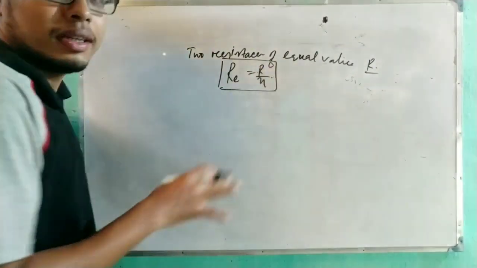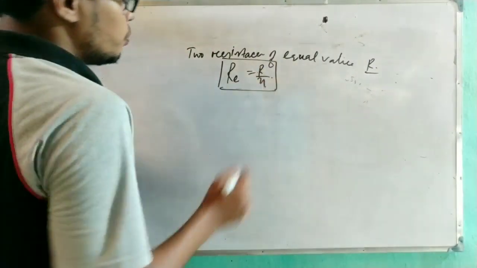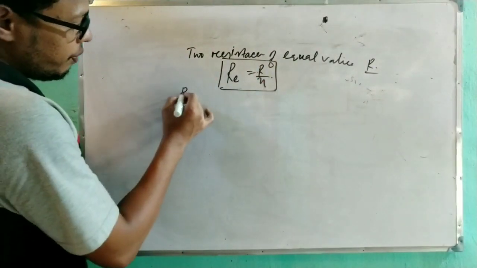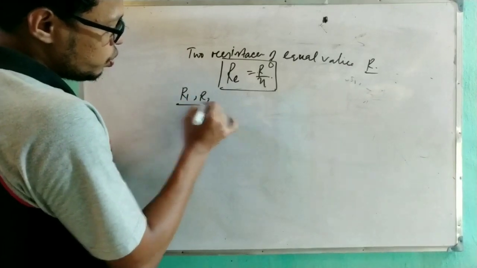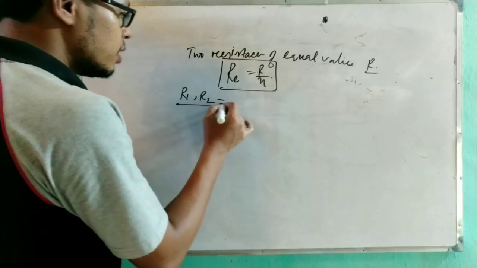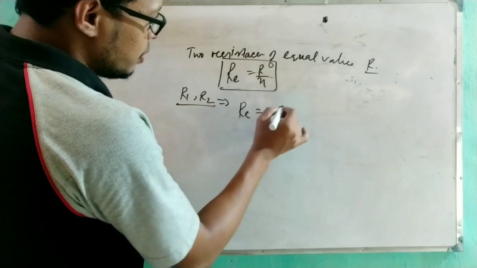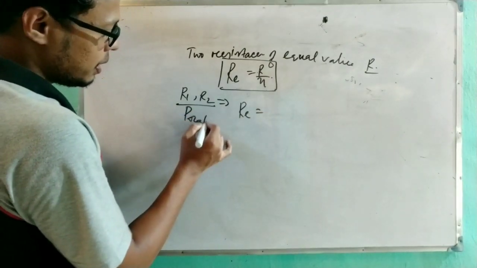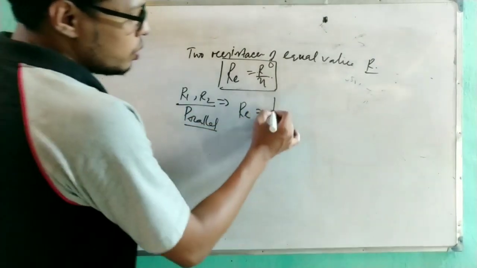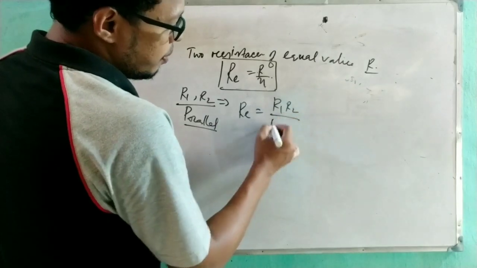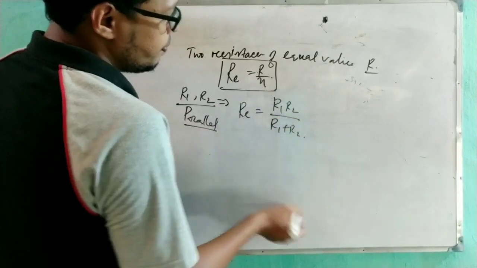No need to calculate by the equation. And one more thing, if there are two resistors, R1 and R2, then you can apply this shortcut in case of parallel connection: R will be R1 R2 divided by R1 plus R2.